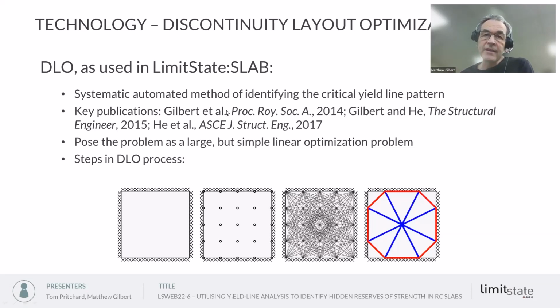And if you're interested, there are a number of papers there which talk you through how the method works and also how accurate the solutions are. So effectively with this method, the DLO method, we can get, to all intents and purposes, exact solutions for any geometry that we care to mention.